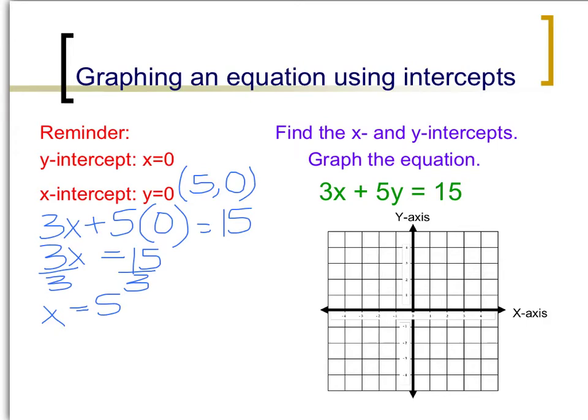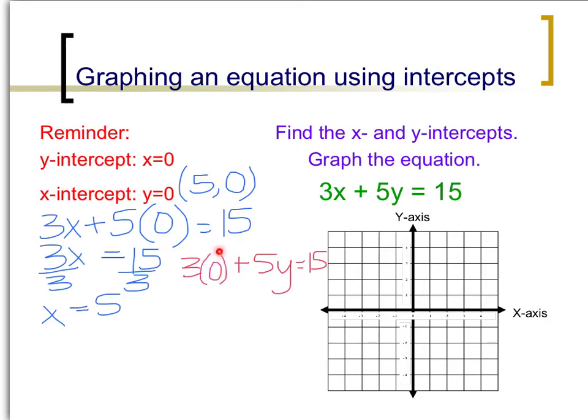Let's do the same thing to find our y-intercept. We want to take this 0 and substitute it in for x. So we're going to rewrite our equation: 3x plus 5y equals 15. We substitute the 0 in for x.